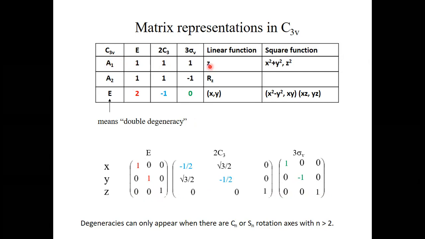You see that the z coordinate is also listed here for this symmetry type, because generally any linear function of z will not change upon the execution of the symmetry operations E, C3, and sigma V, respectively.